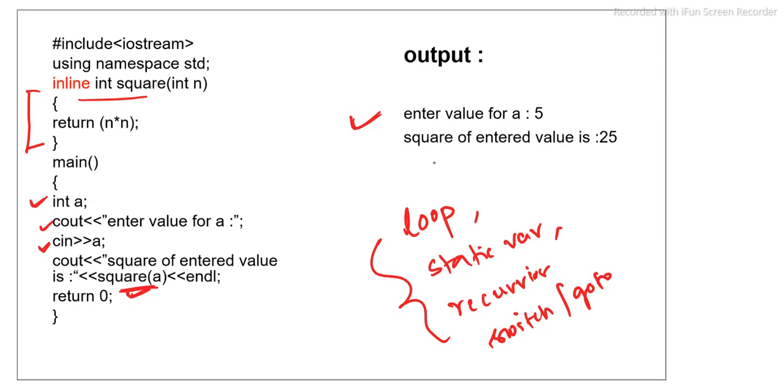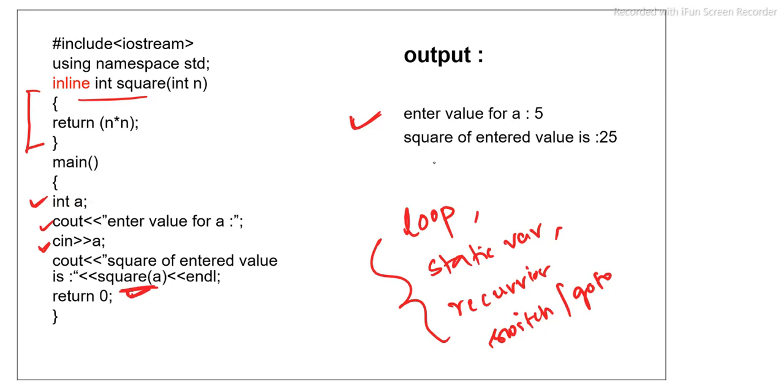During that time the overhead can also be reduced if we are using inline function. During the return call of the function, that overhead time period can also be decreased, or reduced, by using inline function.